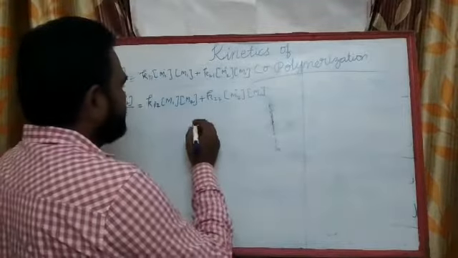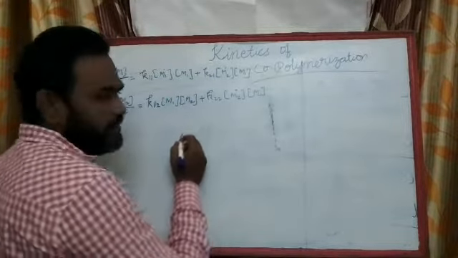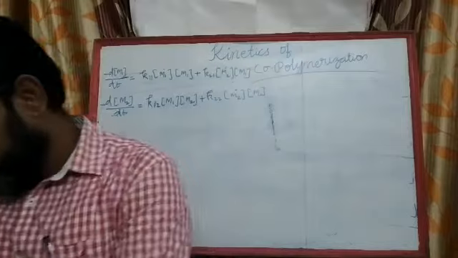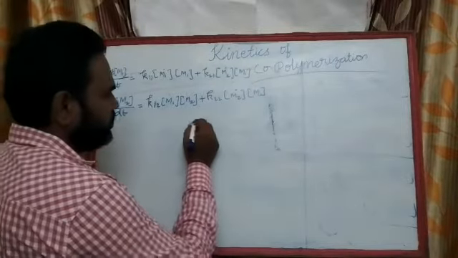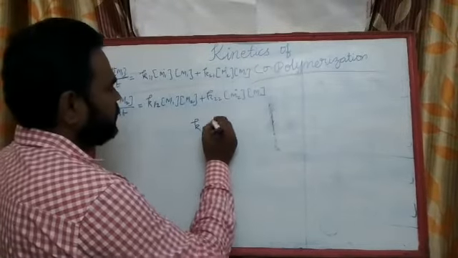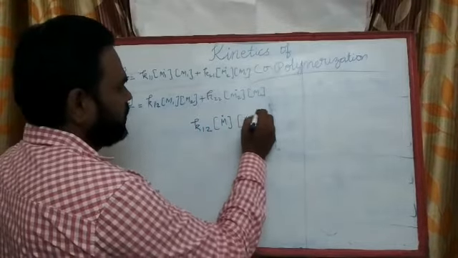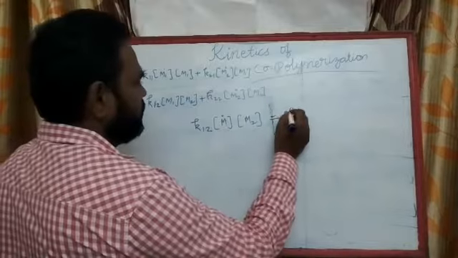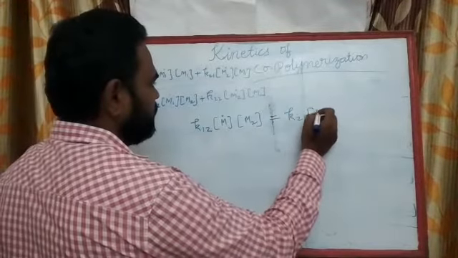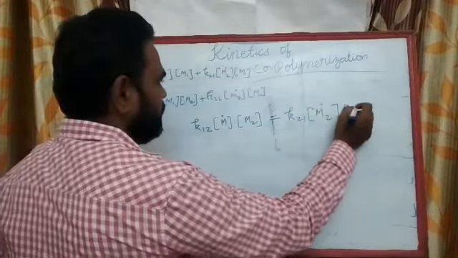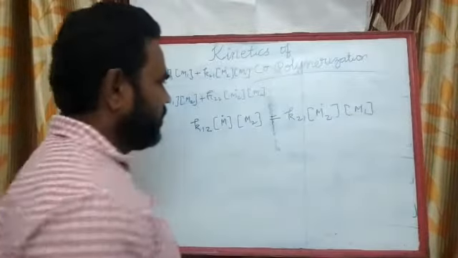So what is the rate of conversion of first into second? That is K12 M1 dot M2 is equal to K21 M2 dot M1.